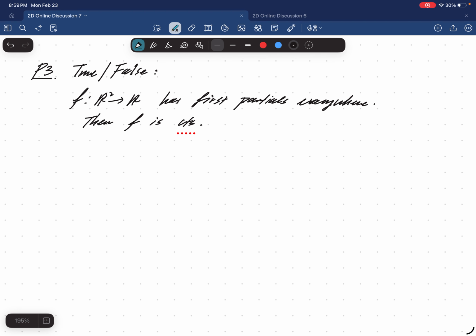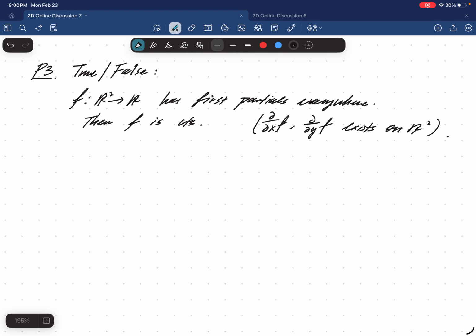But now what if we upgrade our condition from continuous in each separate variable to having the first partial derivatives everywhere? So it means del x of f and del y of f exist everywhere on R2.